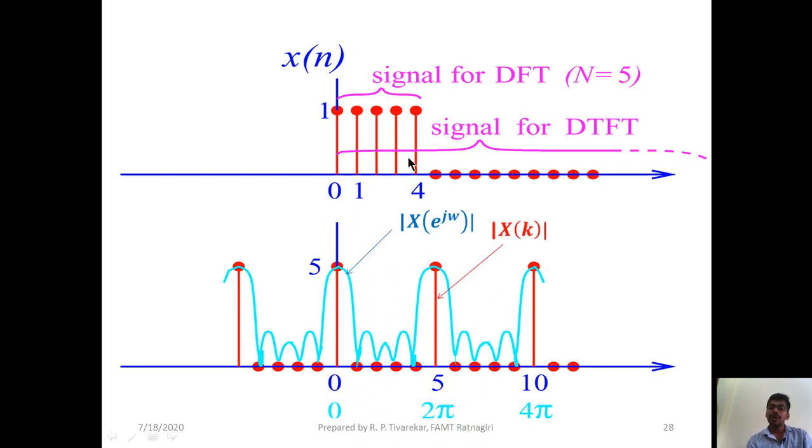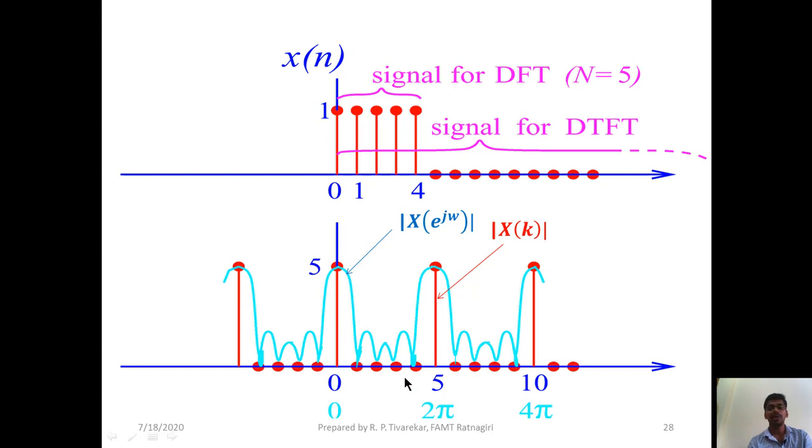And if I compute DFT by using only these 5 samples, because the rest of the samples are 0, I will get the red samples as shown here, which are actually the sampled version of DTFT. These red samples are the sampled version of the blue waveform. So this is DTFT and these red samples form a DFT.